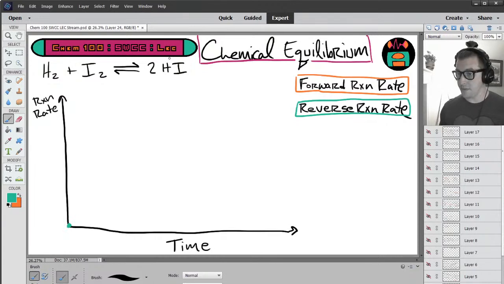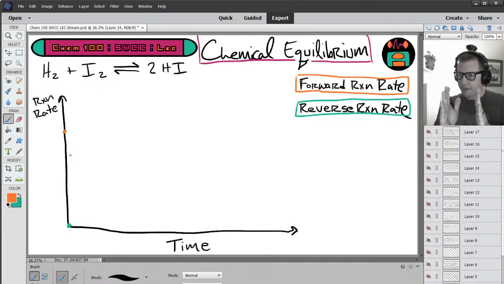No HI has formed, which means its reaction rate must be zero. You have to have some HI for the reverse reaction to have a speed, but no HI is formed yet. So the initial reaction rate of the reverse reaction is zero, and the forward reaction rate is going to be something. I'm not going to put a number on it, but it's going to be some non-zero number.